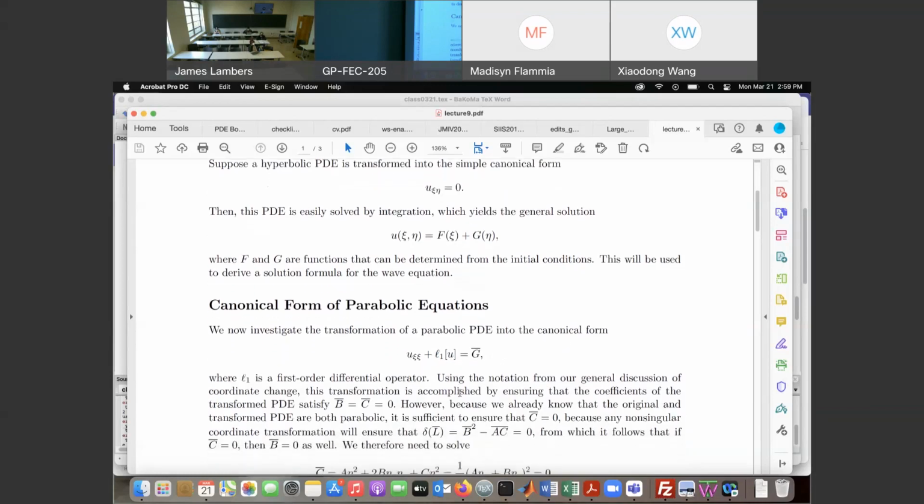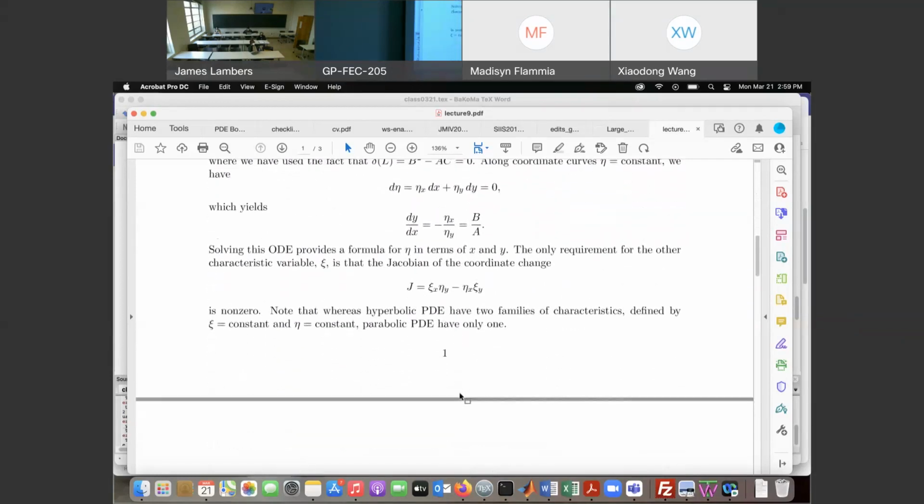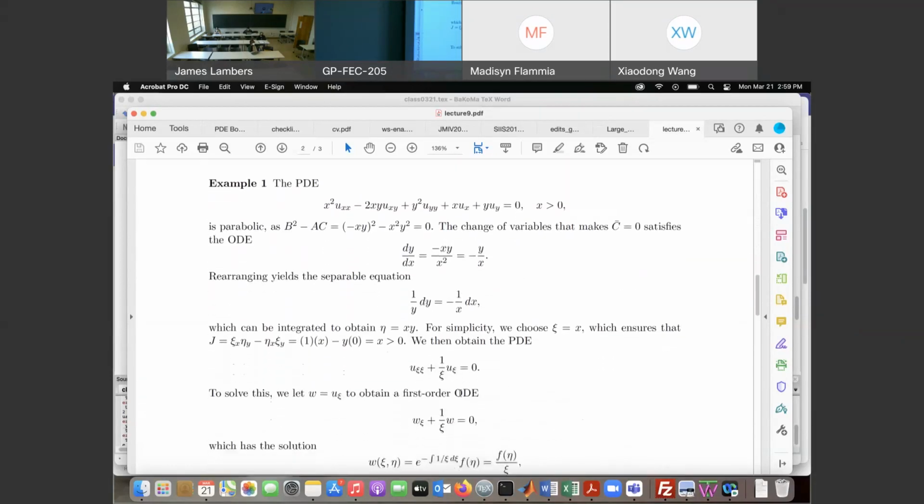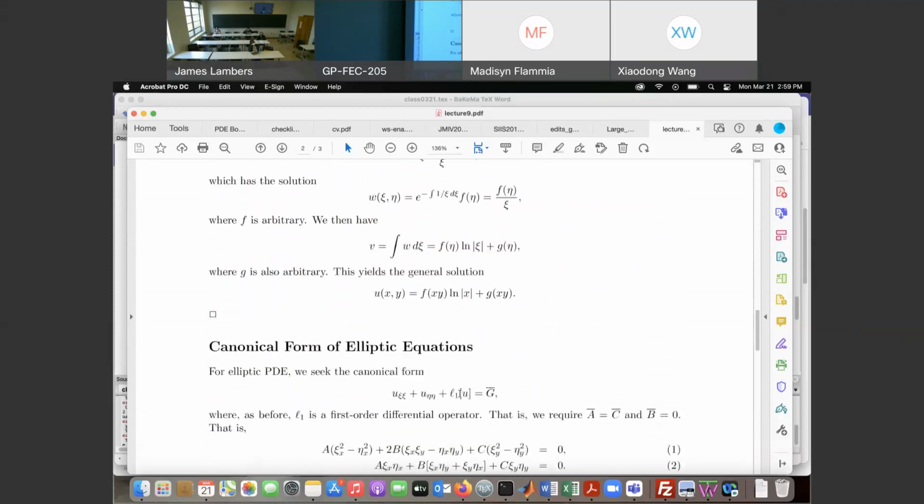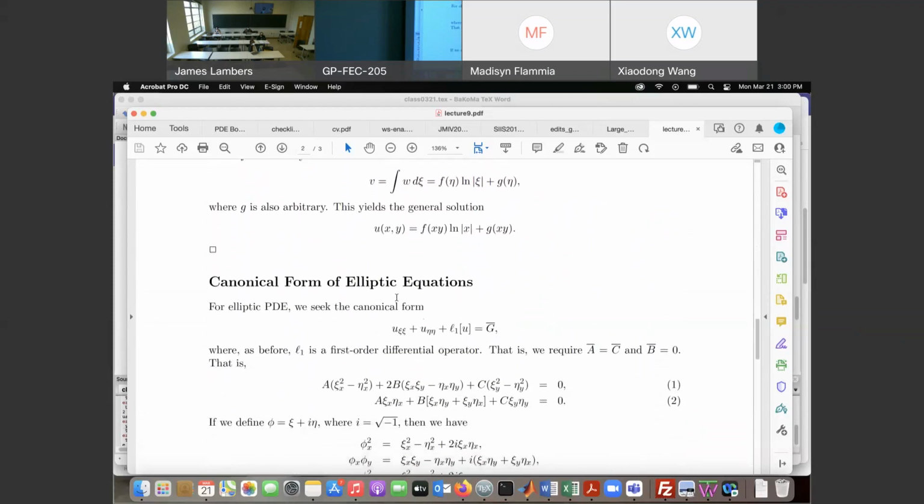And then finally, for the elliptic case, this is your canonical form. So your A bar and C bar would be non-zero, but B bar would turn out to be 0. I'm just bringing this up for the sake of completeness.